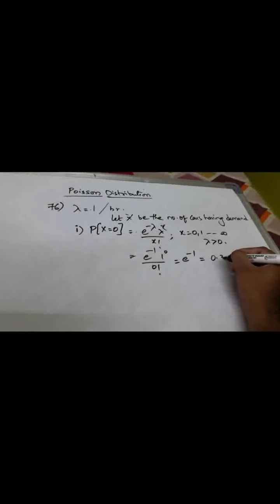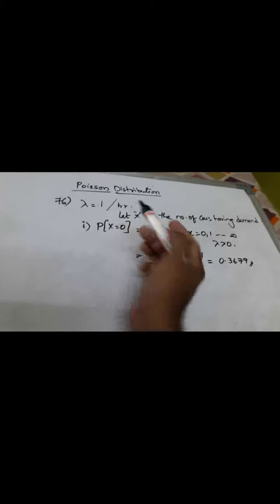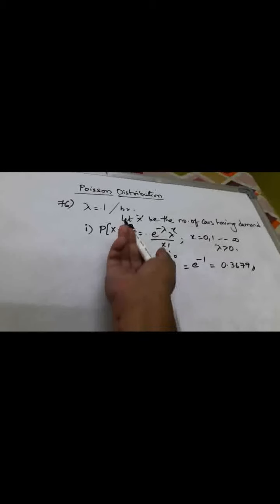Apply lambda is 1, e power of minus 1, 1 power of 0 by 0 factorial, that is e power of minus 1. What is the value of e power of minus 1? 0.3679. This is the e power of minus 1 value, 0.3679. Here the question, cars are free, that means both the cars are free, there is no demand, so no demand in the sense 0.